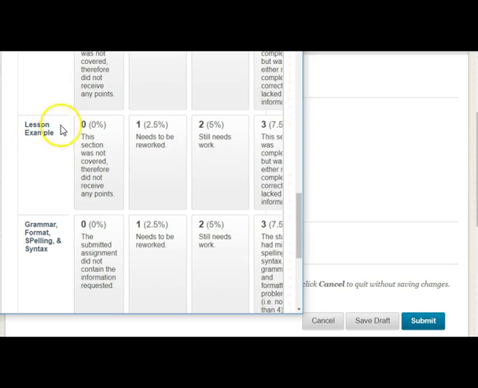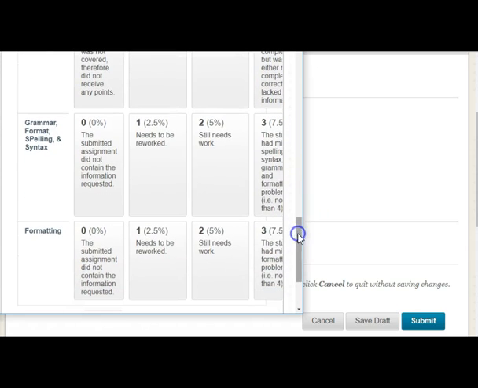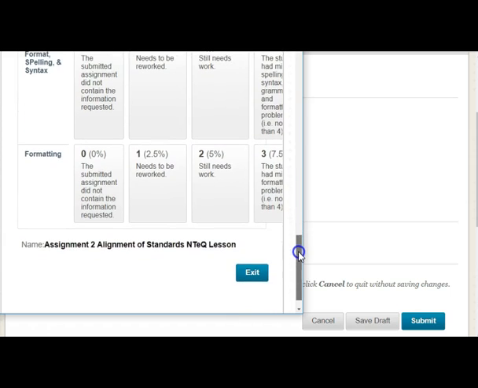There needs to be a lesson example. You need to spell out what would take place during your lesson. You need your grammar, your format, your spelling, and your syntax, just based on how many mistakes you have, and then formatting. Make sure that you've included all parts, 10 parts of the NteQ lesson plan model.